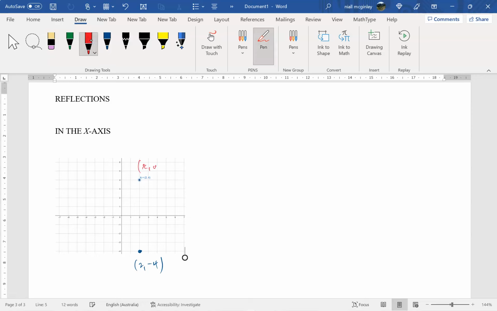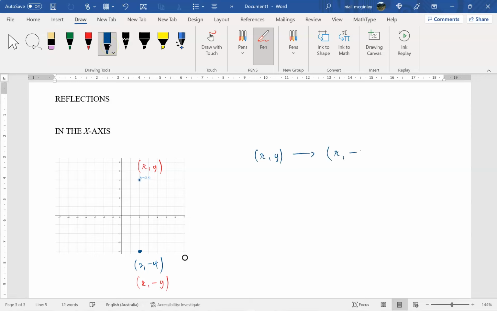So if we think about this in general terms again, we've got (x, y), and what actually happens is it becomes (x, -y). So again, we think about this point (x, y), and we find the image of that point under the reflection in the x-axis. It becomes (x, -y). Again, we want to think about it using this mapping notation, where your image of your point is always what we refer to as (x', y').